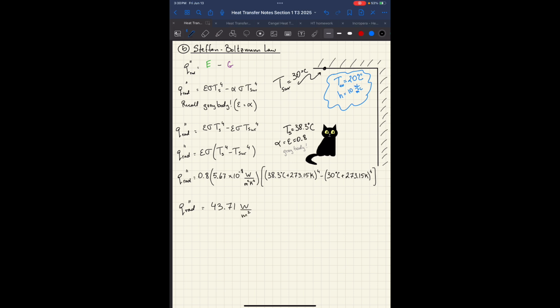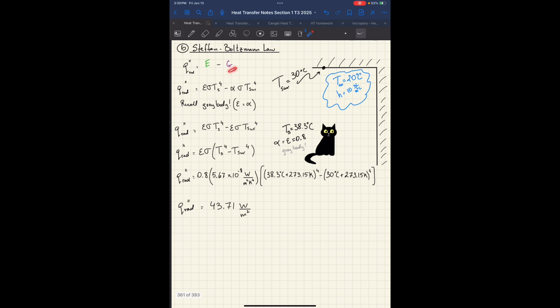All right. Now, in this case, the number is positive, but what if the number turned out to be negative? If the number turned out to be negative, that means that your incoming radiation is basically dominating. Because the number is positive, that means that radiation emitted is dominating. So in other words, the net radiation the cat is experiencing is emitted, not absorbed. Okay?